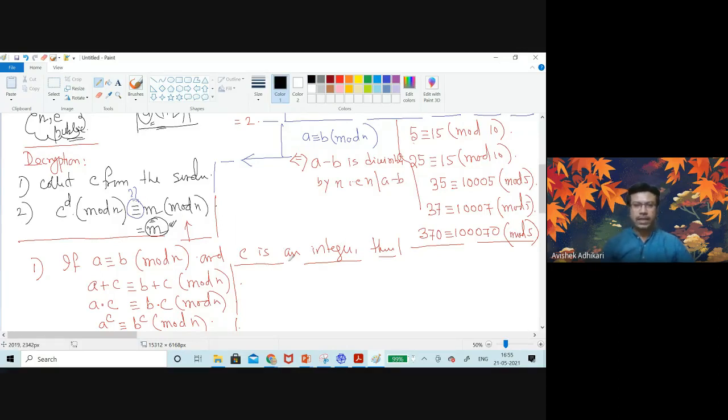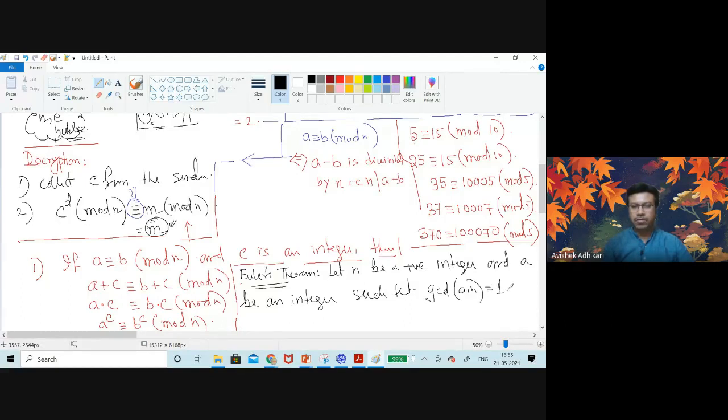Another very important result is known as Euler's theorem. What it says, I have already explained, but let me recall all the things. It says that let n be a positive integer and a be an integer such that GCD of a and n equals 1.